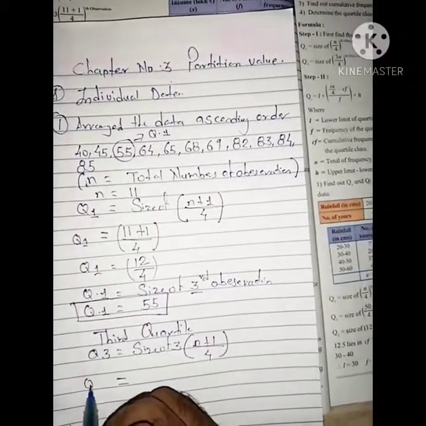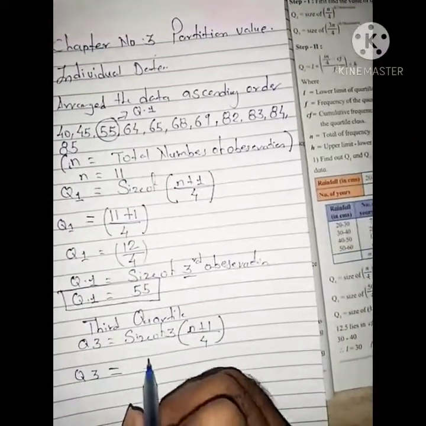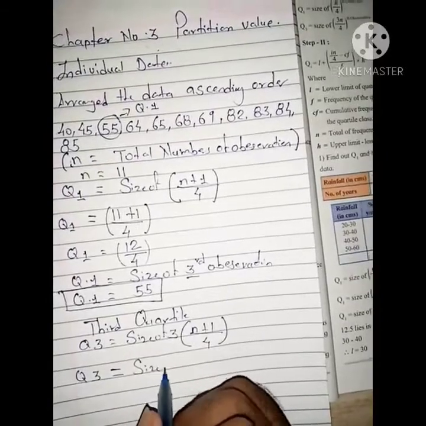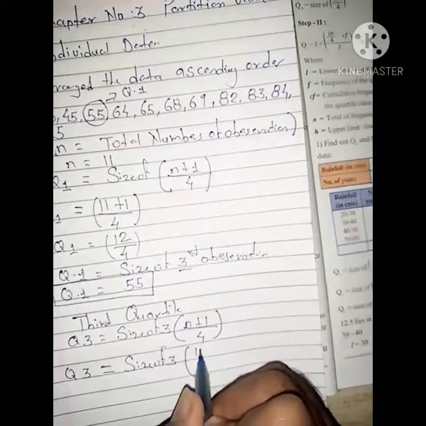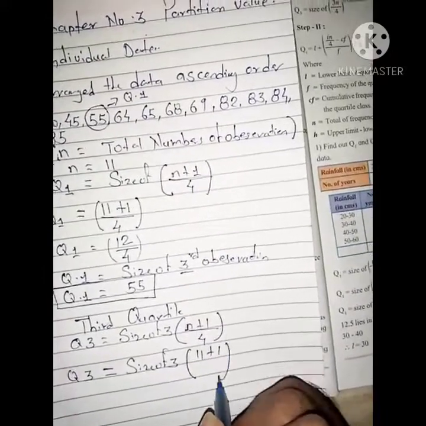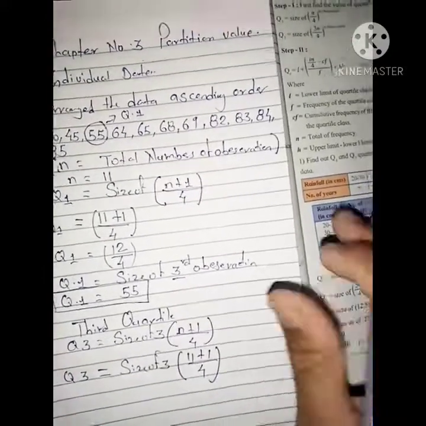Now we need to fill in the formula: Q3 is size of 3 times (11 plus 1) divided by 4.